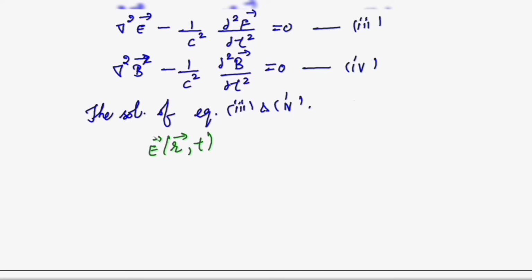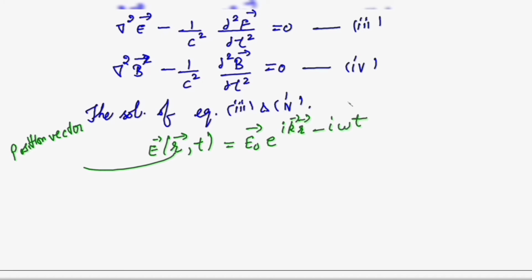Here r vector shows the position vector and t is time, which is equal to E naught vector exponential i k vector dot r vector minus i omega t. Sorry, here i is not iota.